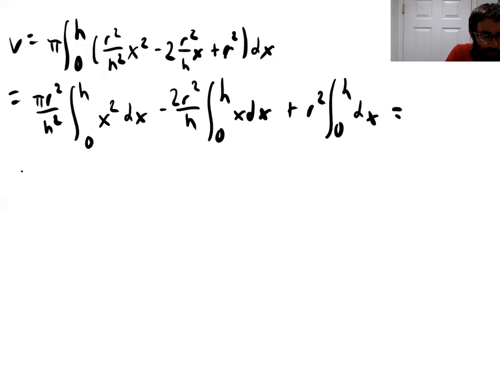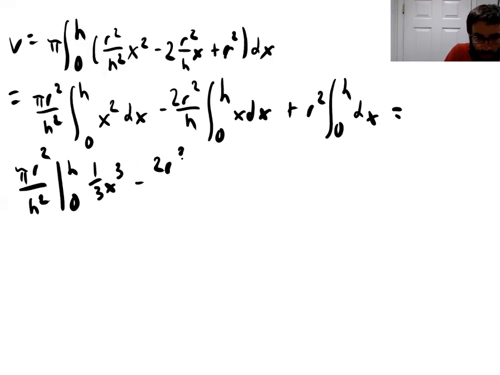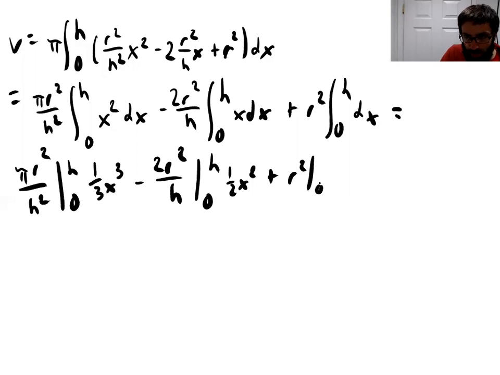Now we can evaluate all these integrals. The integral of x squared is 1/3 x cubed. The integral of x is 1/2 x squared. And the integral of dx is just x.